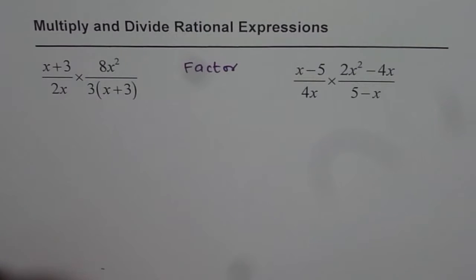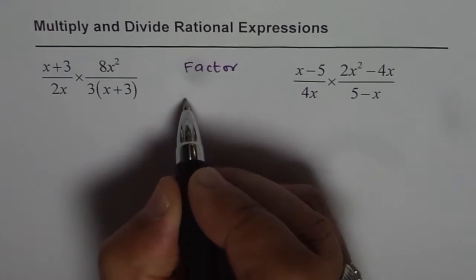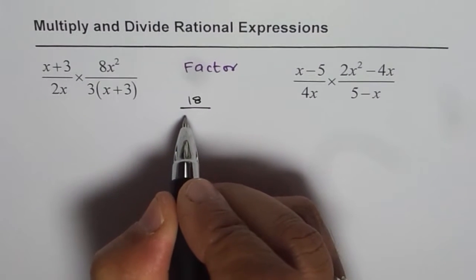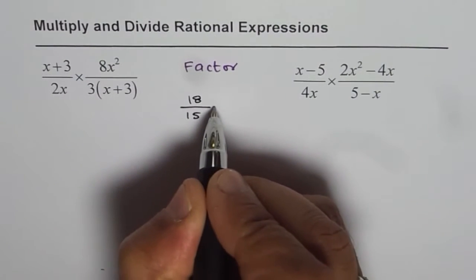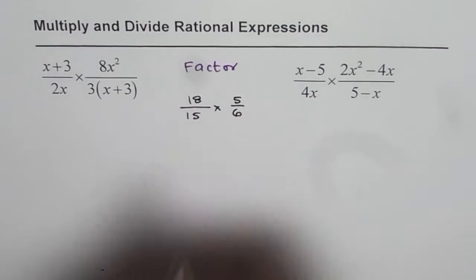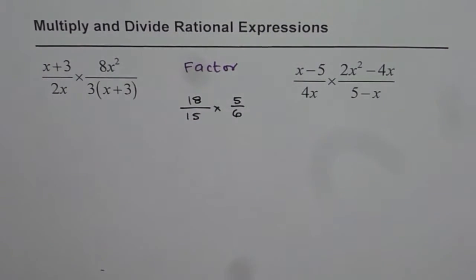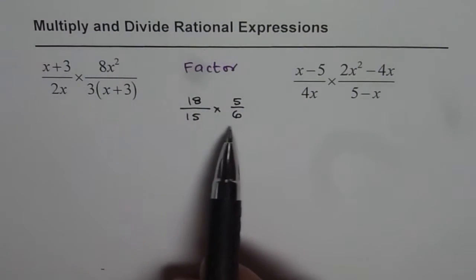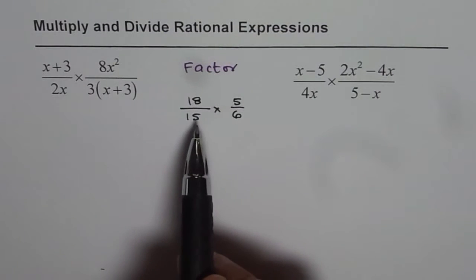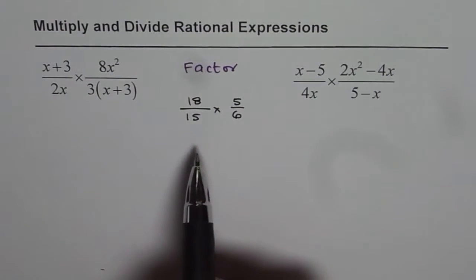To give you an example, if we have terms like 18 divided by 15 times 5 over 6, I'm taking a very simple example to explain the strategy. When you multiply these fractions, you can multiply numerators, multiply denominators, and then simplify.